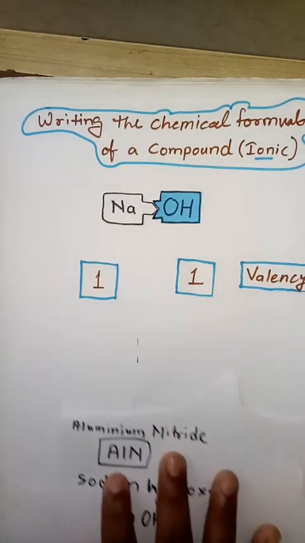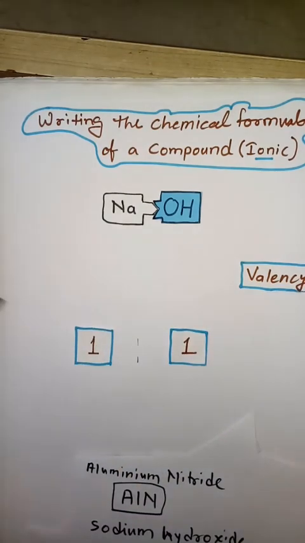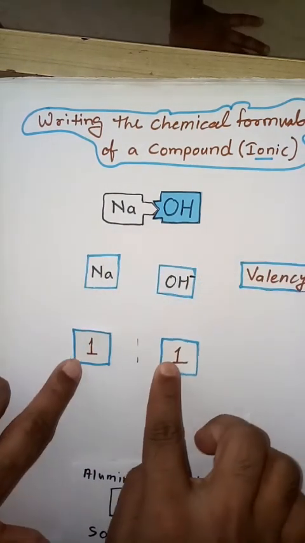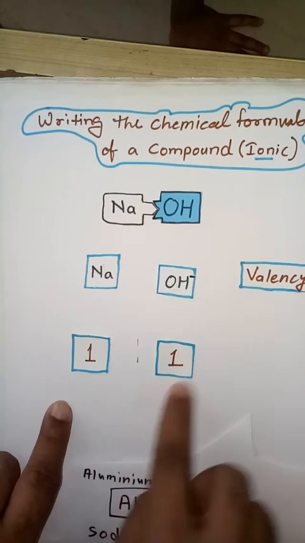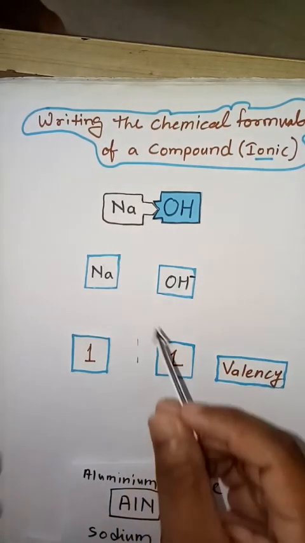And if you want to see how to do it with the crisscross method, you have sodium and you have hydroxide, and their valencies are 1 and 1. As you can see, we have written the valencies here. Then we put them crisscross way.